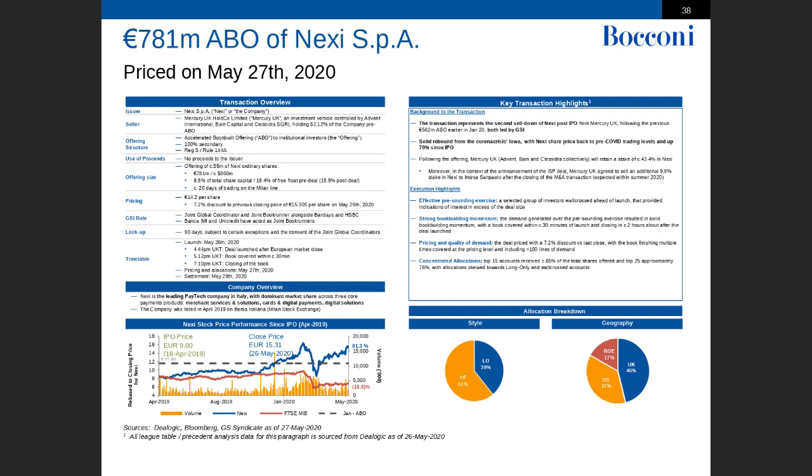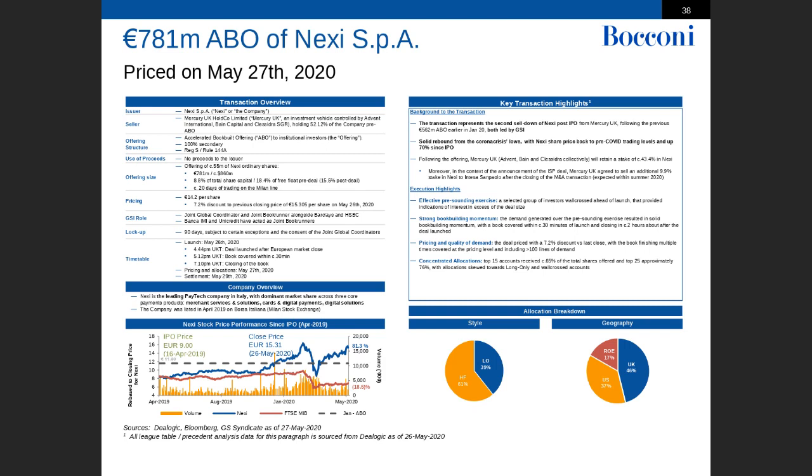So when the market started to realize that actually Nexi was a winner out of this reshuffle in the market and crisis due to the COVID-19, you can see from February onward, the share price went up again, the blue line, while the market in red was down 18%. The share price of Nexi was up 20%.